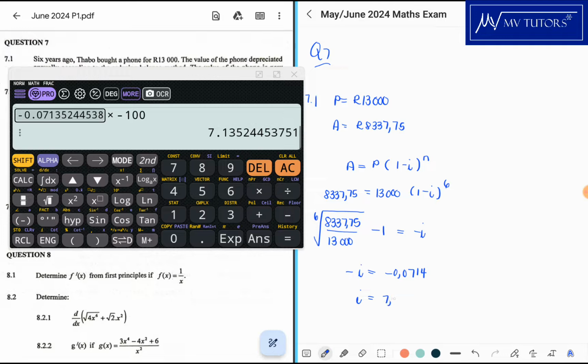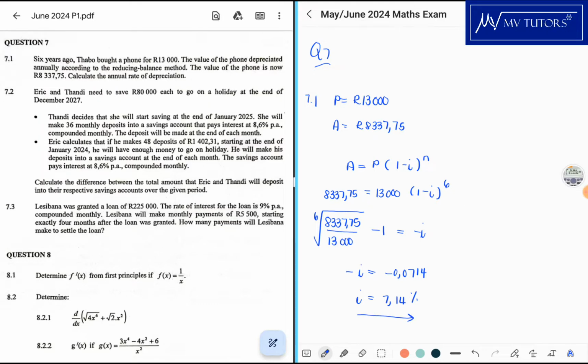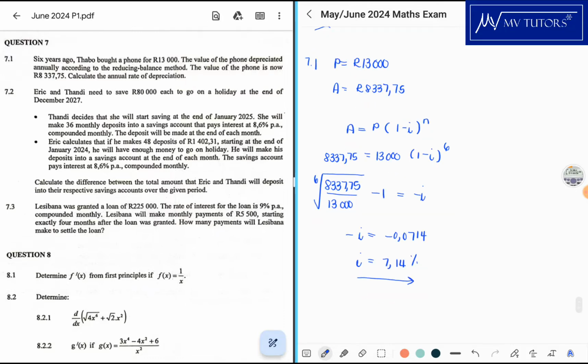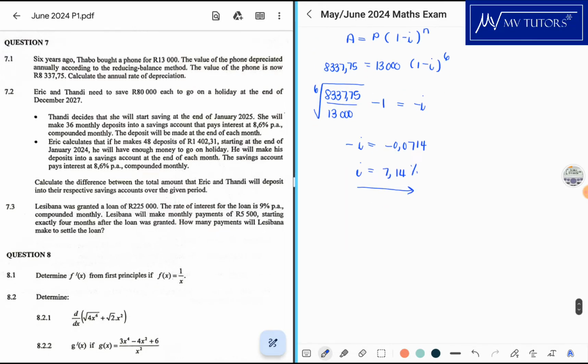So it's normally best to put it in percentage. Okay, and that's our answer, the annual rate of depreciation. You could have put it as d instead of i, but yeah, I'll just leave it there as i.